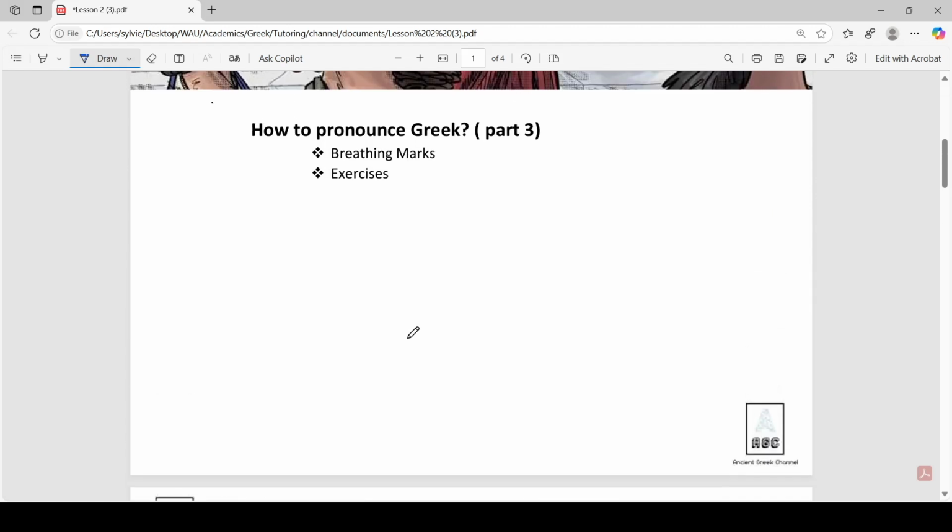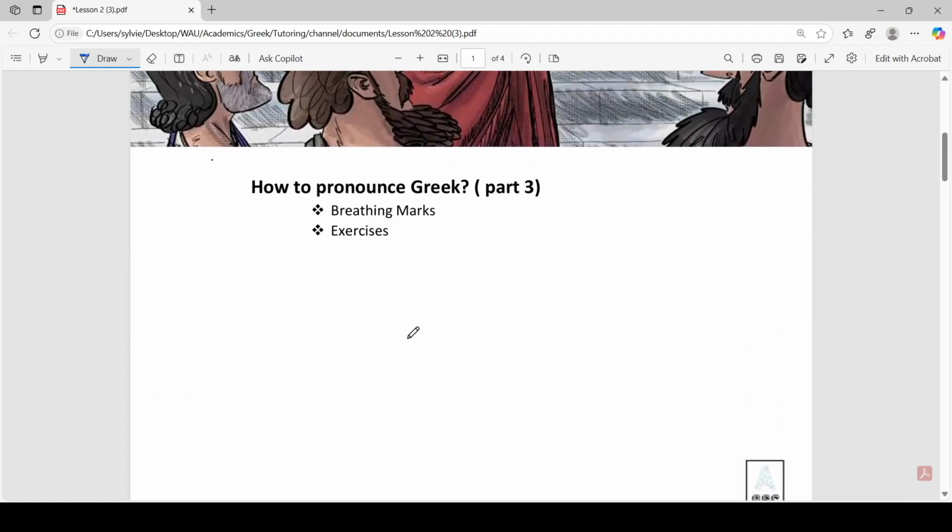I guess this second lesson was a pretty important tool in the pronunciation and reading of Koine Greek. In our next lesson, lesson 3, we will get closer to Greek sentences, where we will be practicing and challenging our mastery of Greek pronunciation.